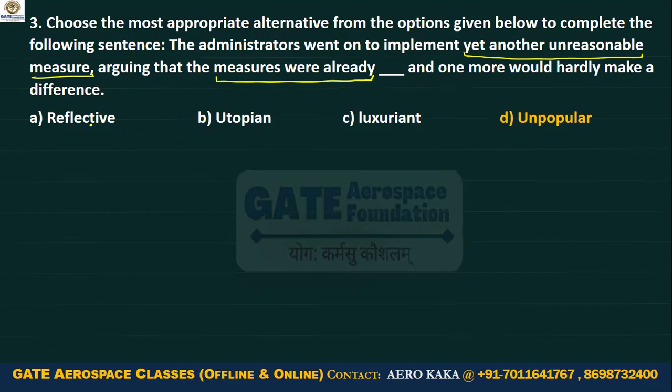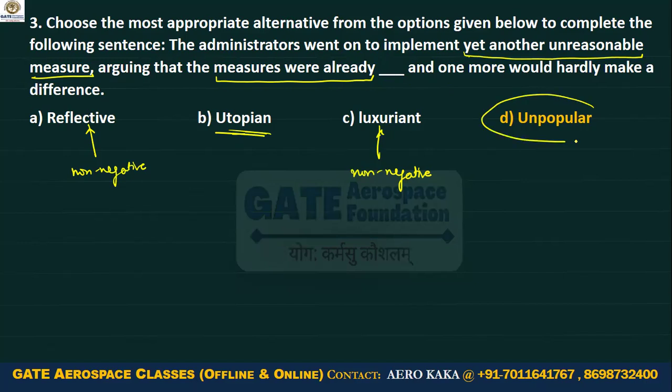If you talk about reflective or luxuriant, these are non-negative words, positive words. But the sentence talks about something negative. If you see, "one more would hardly make a difference," this is something we use when we are expressing negative emotions. Utopian is a different thing; it is something ideal, an ideal condition, so again it is not applicable to this condition.